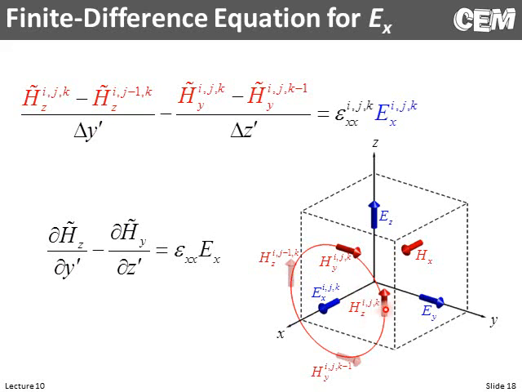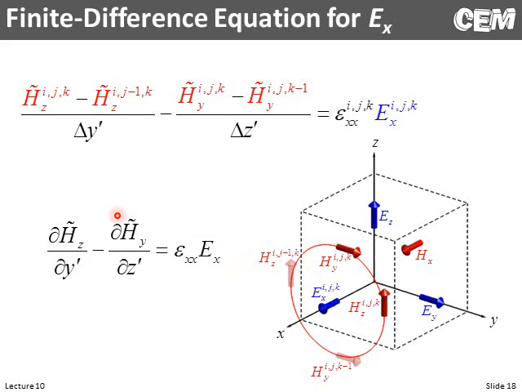So now we have the magnetic field from the same cell minus the magnetic field from the previous cell divided by the spacing delta y. This is a central finite difference, so it exists at its midpoint, which is right where E sub x is.